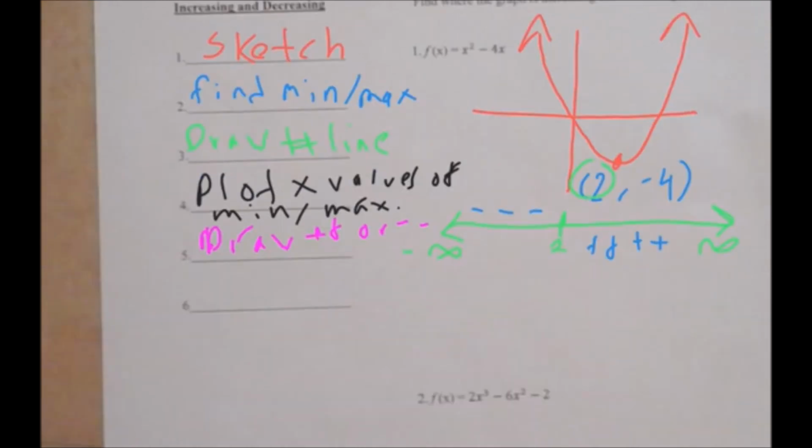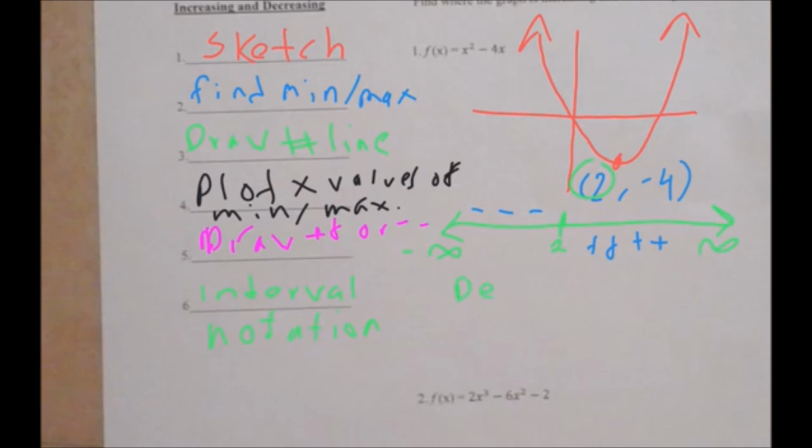So our last step is to write it in interval notation. So we said it was decreasing from -infinity.